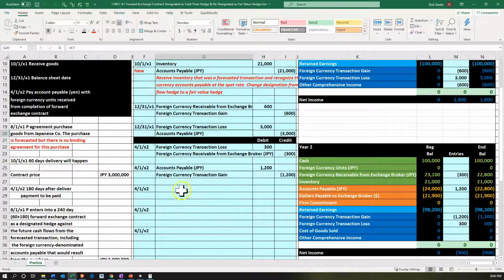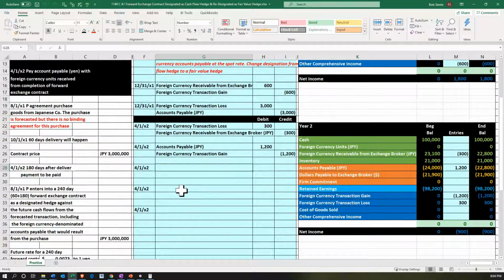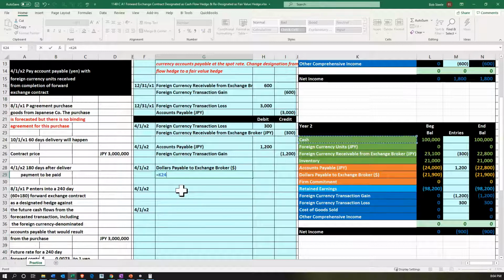Now's the termination date. We paid off. Nothing funny, nothing fancy. We're just going to reduce the payable here, and we're going to be reducing the cash. So no foreign currency kind of funny business happening. And I could just say negative of this number because we're just going to pay that off with cash if you want to recalculate it to see it.